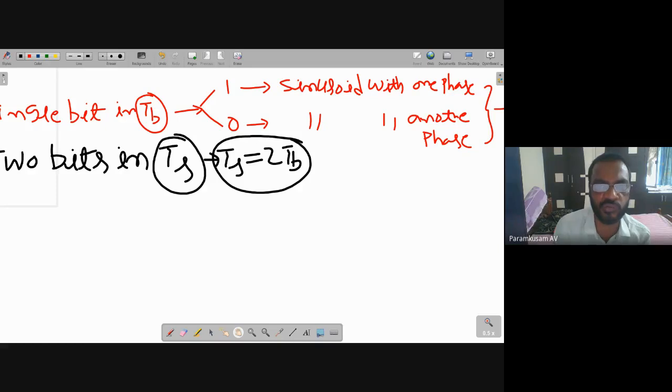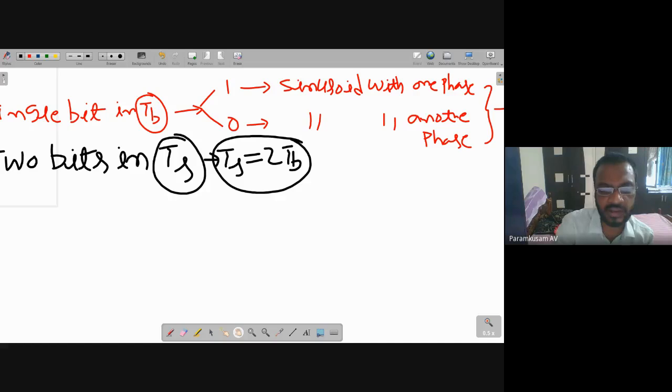If you transmit a single bit, what are the possible combinations? 2 to the power of 1, so 2 possible combinations. If you transmit 2 bits, what are the possible combinations? 2 to the power of 2, 4 combinations. Similarly, if you transmit 3 bits, 2 to the power of 3, 8 possible combinations.